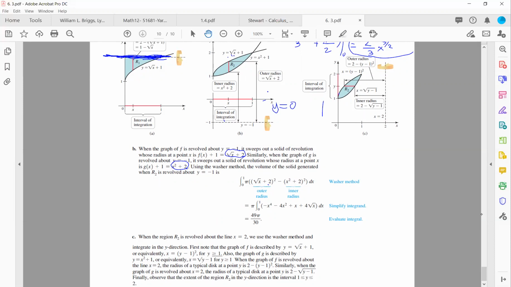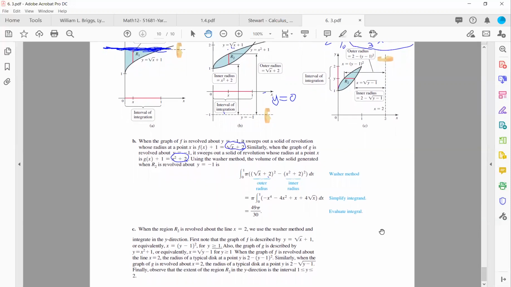So first of all, we have to rewrite our functions. One function was y equals square root of x plus 1. The other function was y equals x squared plus 1. Now you're making changes to your x. x is now 2.